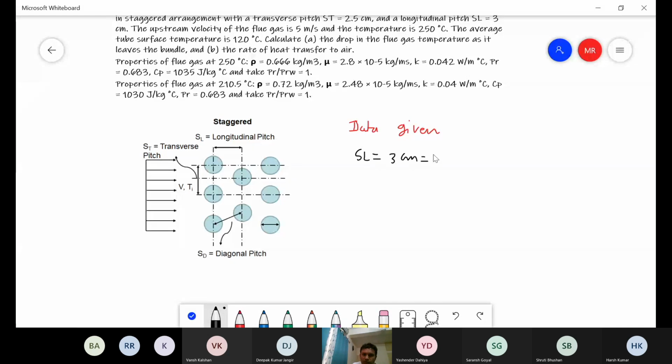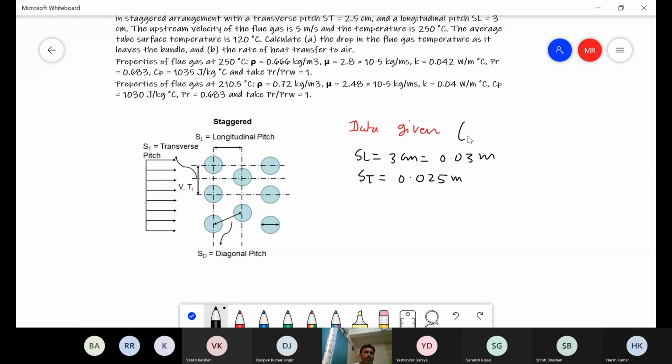Then transverse pitch, ST, is given, so that is 0.025 meter. Correct. Now this is a staggered arrangement, isn't it? Staggered, it's already given. Staggered arrangement of the tube is there.